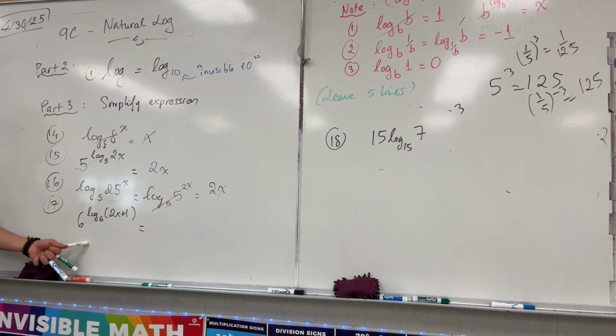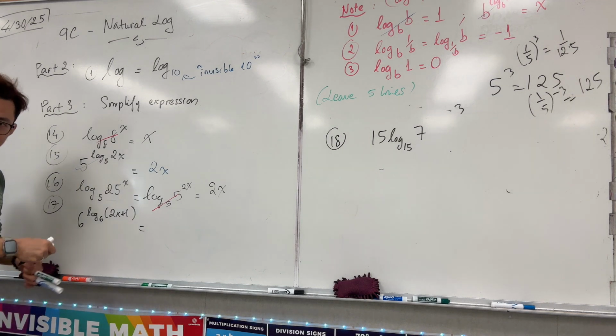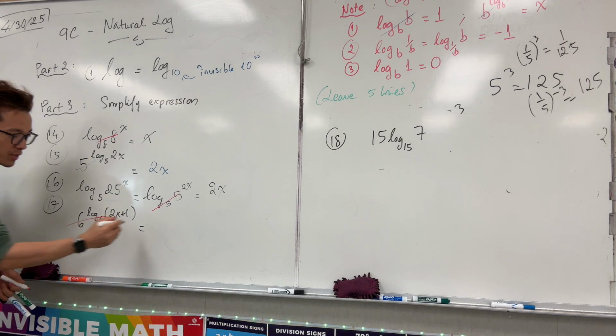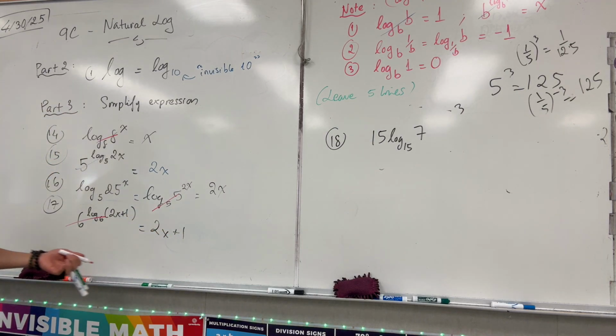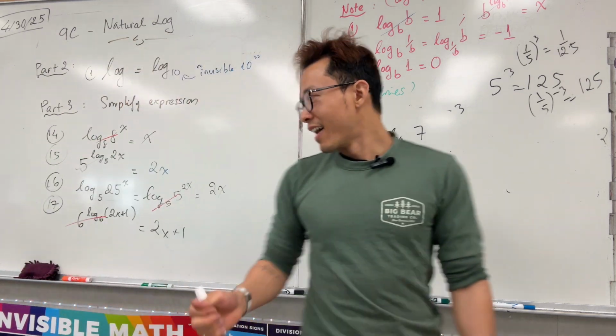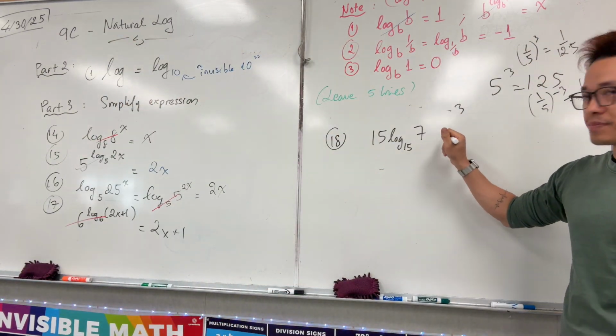Easy. 2x plus 1, that's it, right? Too good to be true. You can cancel it. You have 2x plus 1. No, you didn't get this? Okay, how about this? What is it equal to?